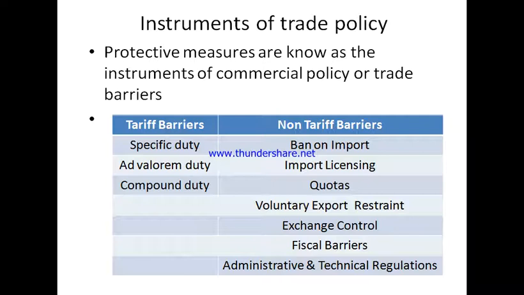Then technical regulations are there. In technical regulation, it means health and safety regulation, sanitary regulation, packaging and labeling requirements, and industrial standards are there.